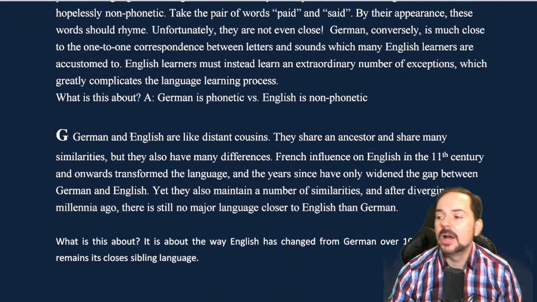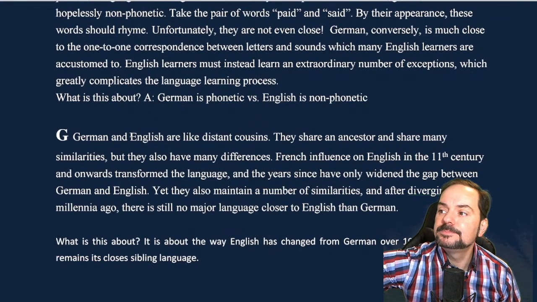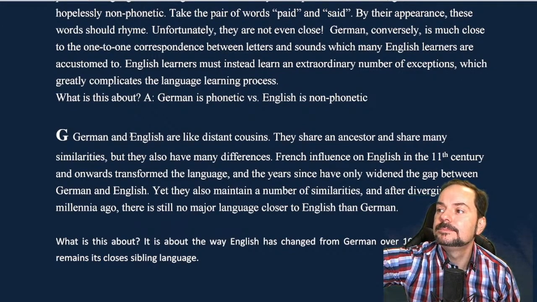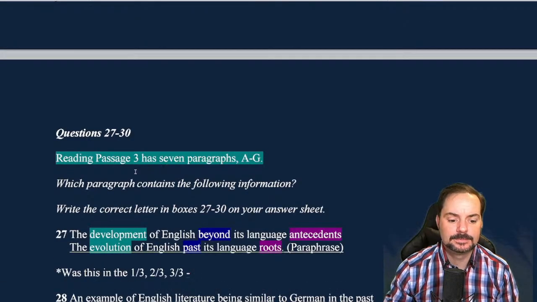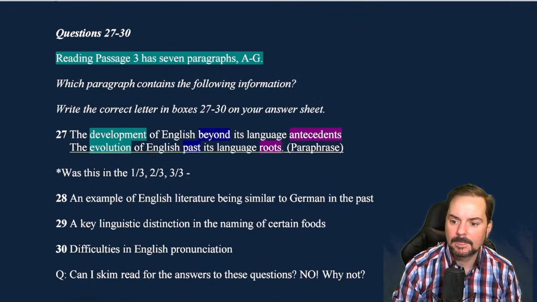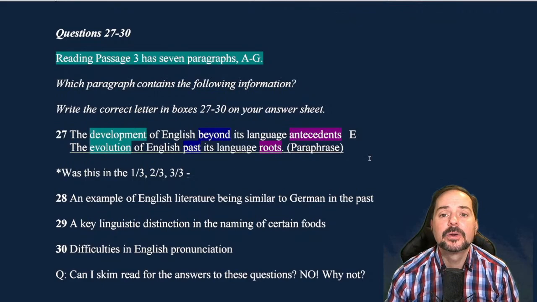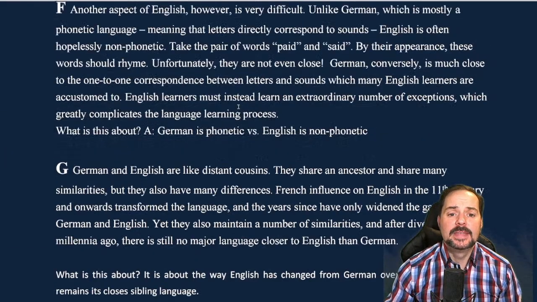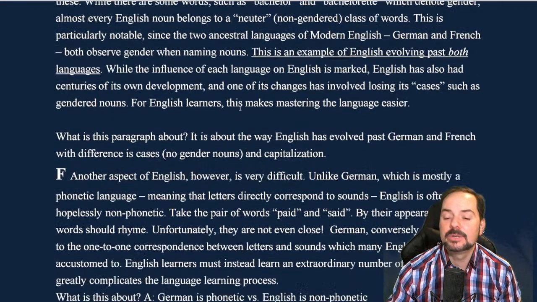So here, the answer is paragraph E, okay? So paragraph E is the correct answer. In this case, does everybody get that? So this is an example of English evolving past both languages.